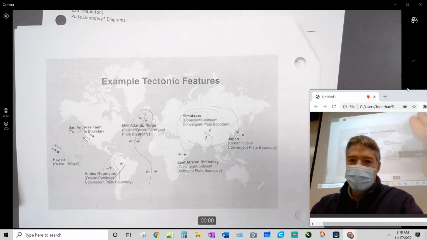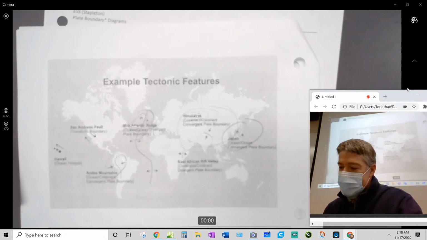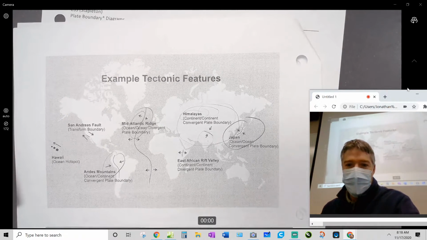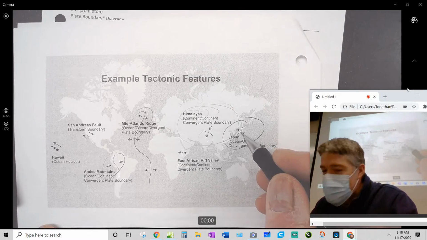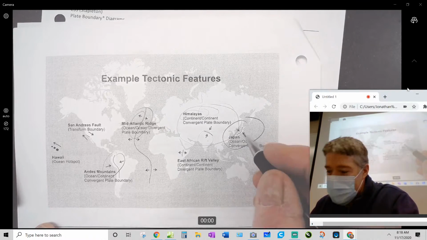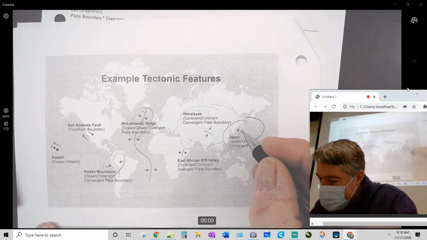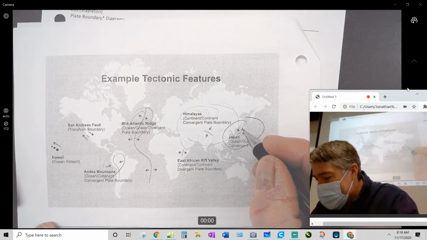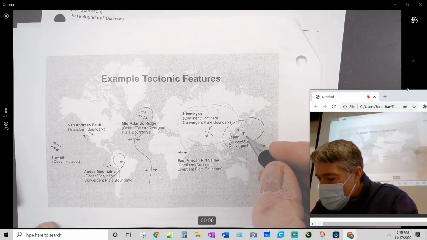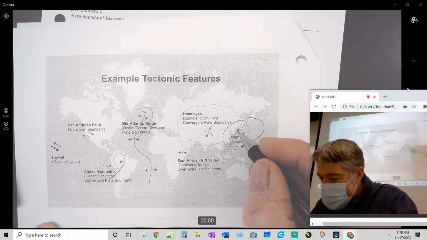Just sharpening pencils here. So this is going to be Japan. If you look really closely at my paper, Japan is an island, a chain of islands, and on one side there's ocean, and on the other side there's ocean.